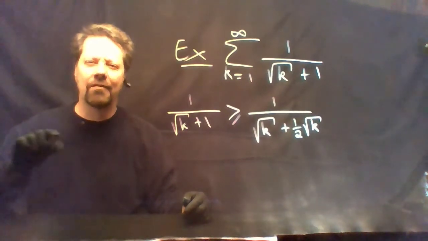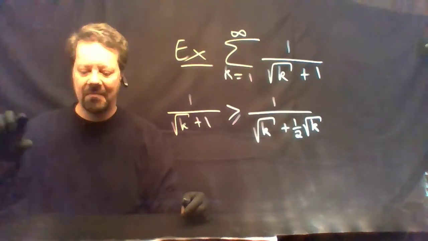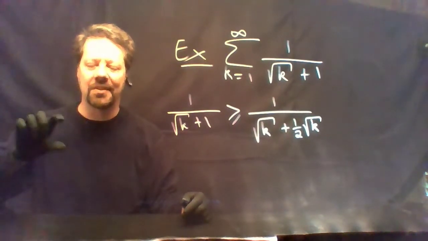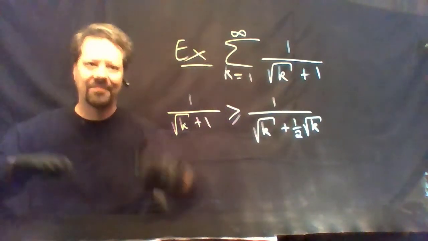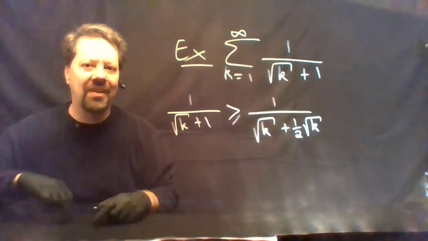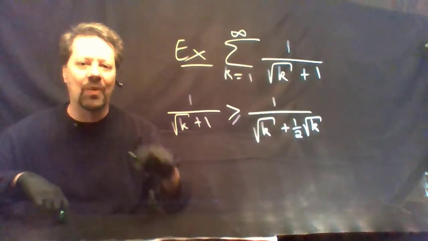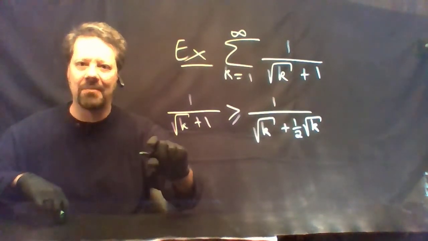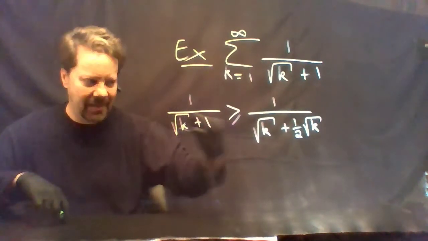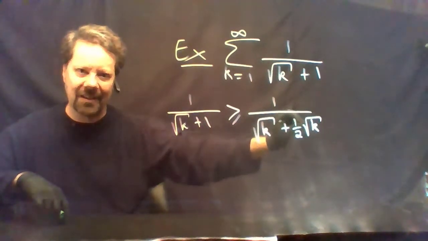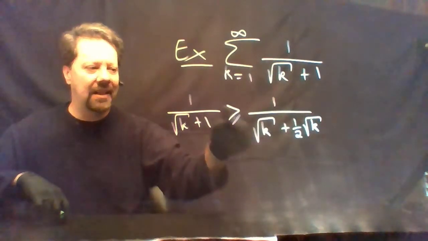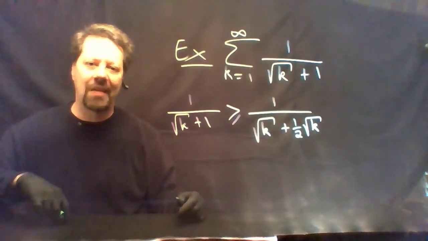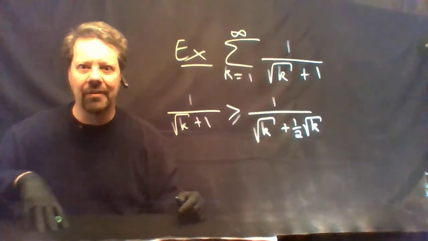Note, convergence and divergence doesn't depend upon what happens with the first few terms in a sum. It only depends upon what happens in the tail, way out in the tail of the series. So if this inequality is true for k bigger than or equal to 4, then it's good enough for our purposes.